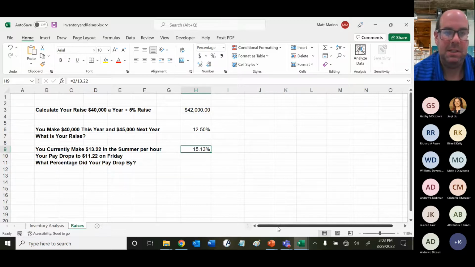Simple enough. So now when you get raises at your jobs, you can calculate how much your raise actually is. 4%, 2%, 1%. All right, so everyone clear on that?